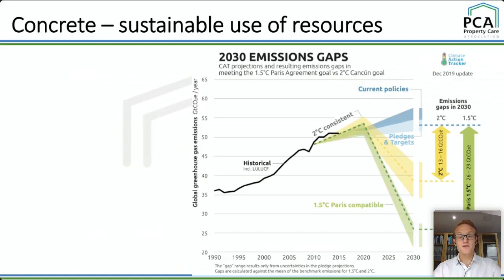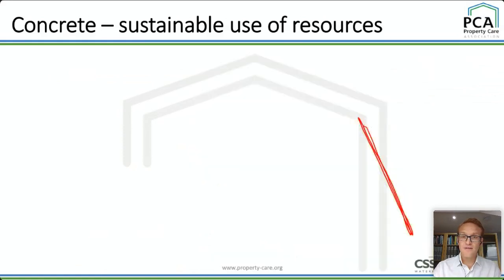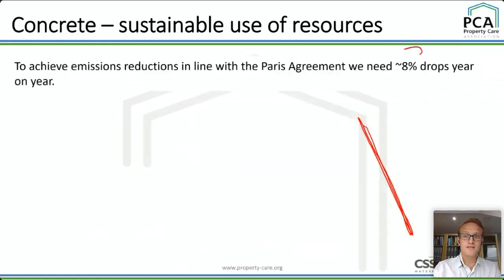In order to reduce our global average temperature rise, we need to reduce our emissions, and this is the steepness of the curve that we need to reduce the emissions by. That requires an 8% year-on-year reduction in our emissions of carbon. So if we're using 8% less concrete this year than last year, that would be a good thing. Generally speaking, we're not, though.